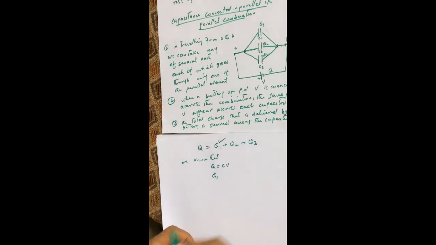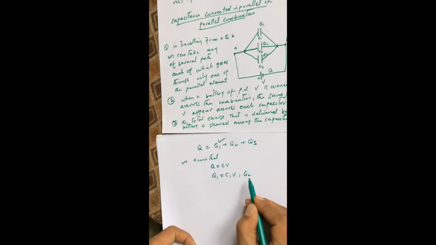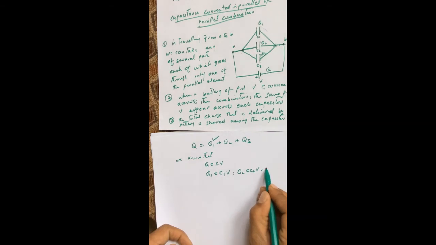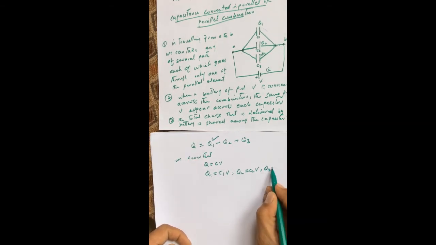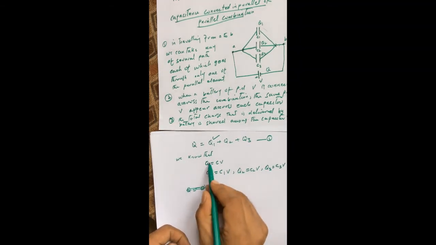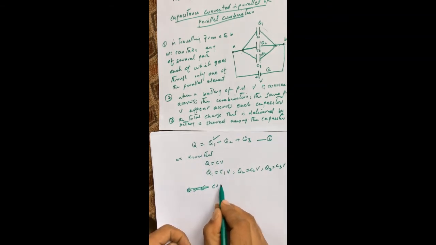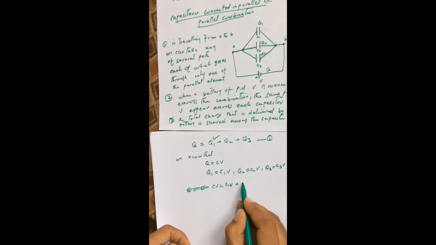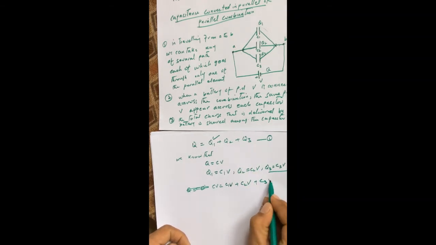So we can say that the charge induced on capacitor C1 is equal to C1 times V. Similarly, the charge on capacitor C2 is C2 times V, and the charge on capacitor C3 is C3 times V. Now putting all these values in this equation 1, we have for Q, CV is equal to Q1, which I replace by C1V, plus Q2, which I replace by C2V, plus Q3, which I replace by C3V.